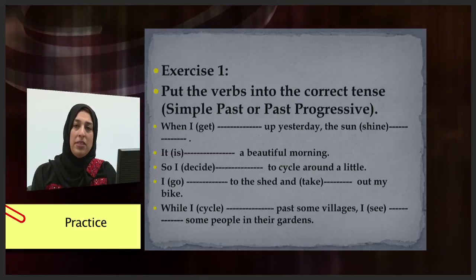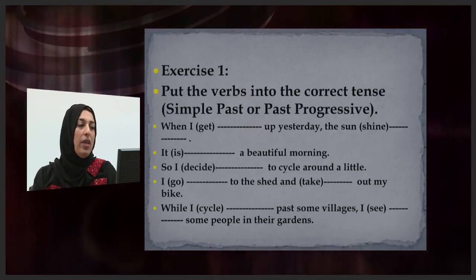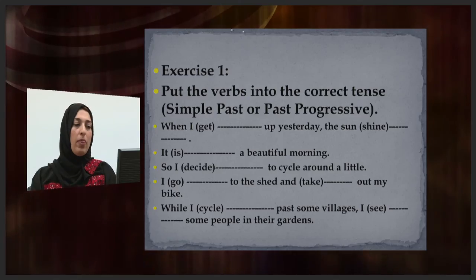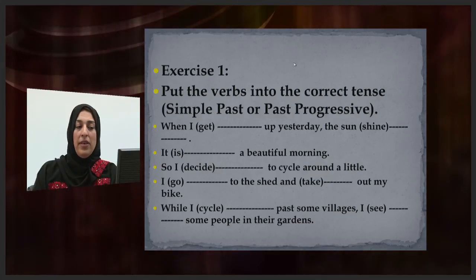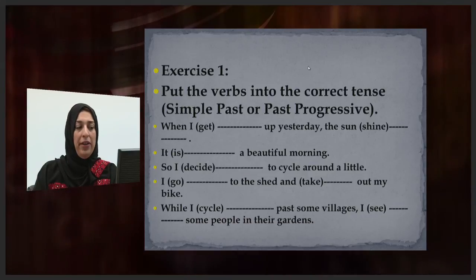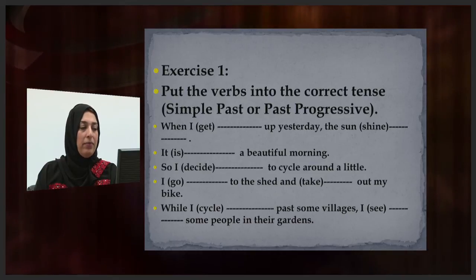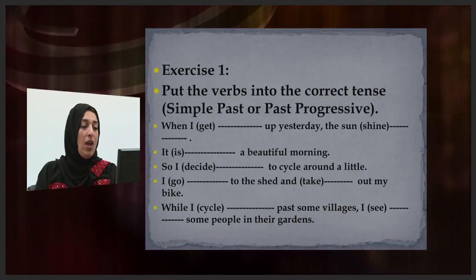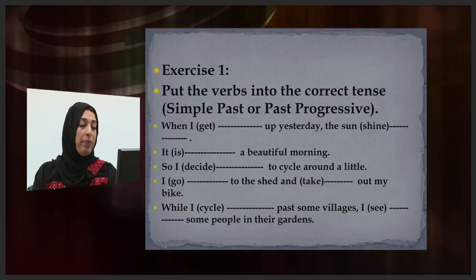Now, we have some exercises on the simple past and the past progressive. Put the verbs in the correct tense, the simple past or past progressive. When I get up yesterday, the sun shine. It is a beautiful morning. So I decide to cycle around a little. I go to the shed and take out my bike.